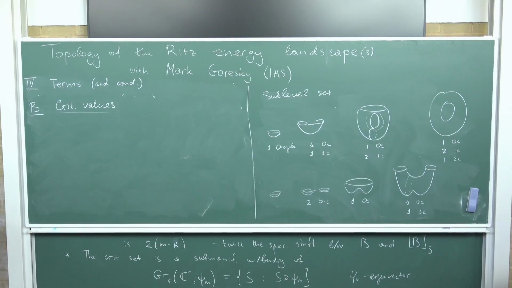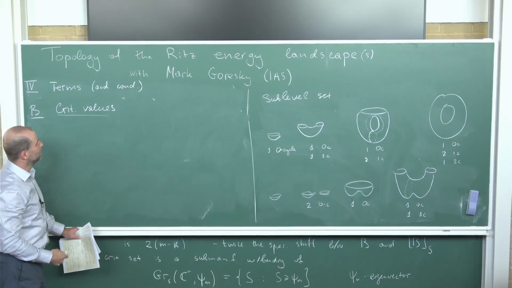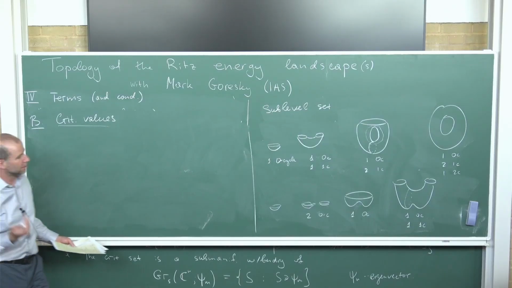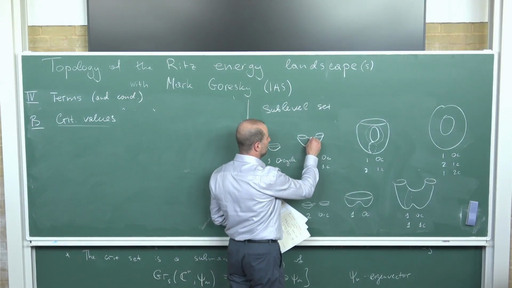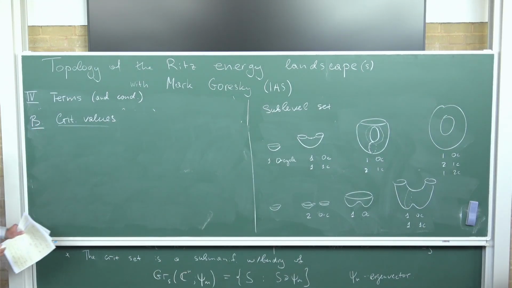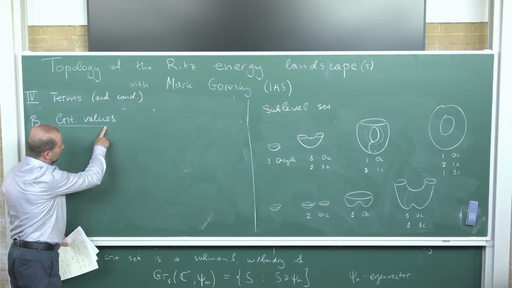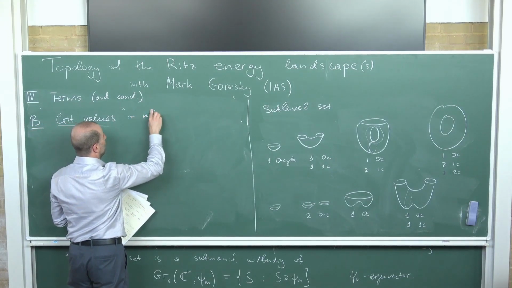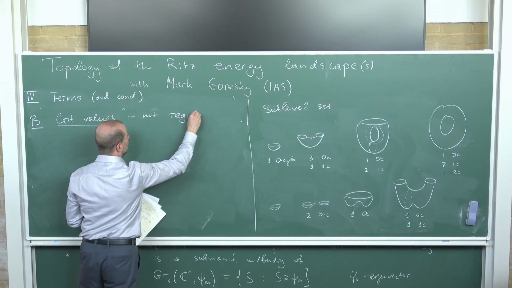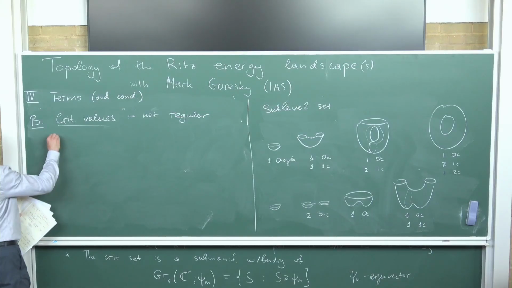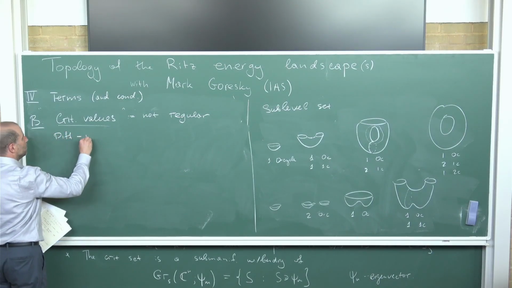So how do we define critical values? There are critical points and critical values. The critical values are those values that we can understand as values taken at a critical point. But for the definition, it's better to define it as not regular values. And we have a couple of tools at our disposal. We can do differentially regular.